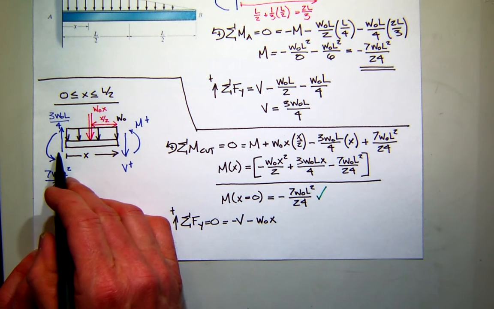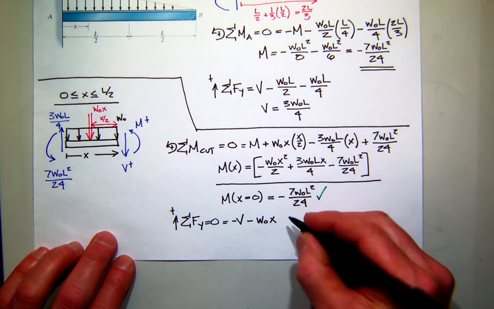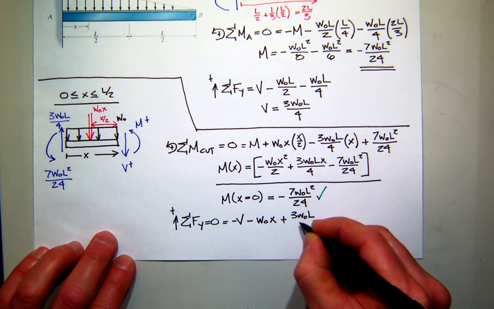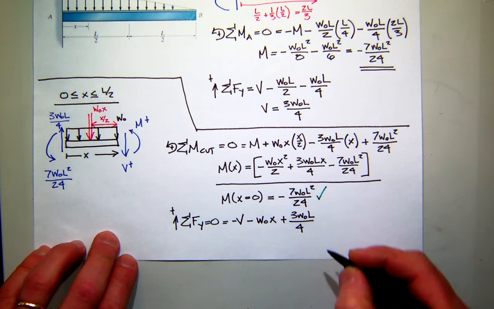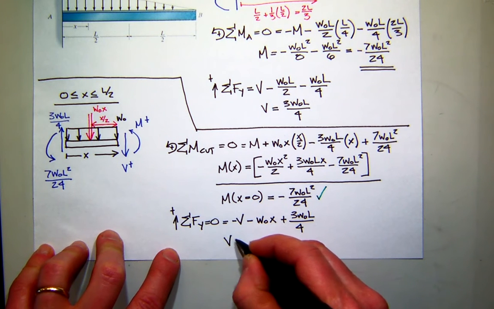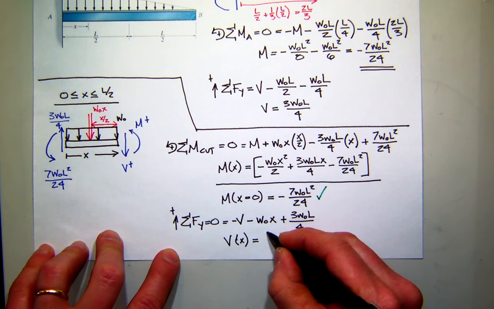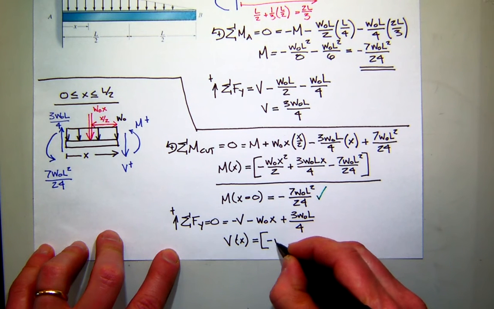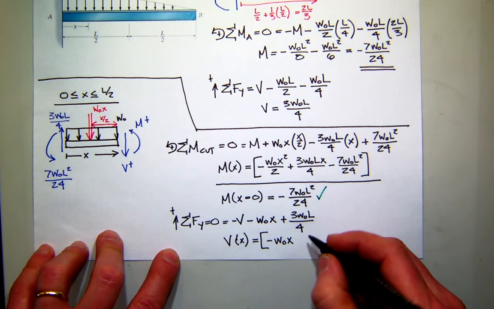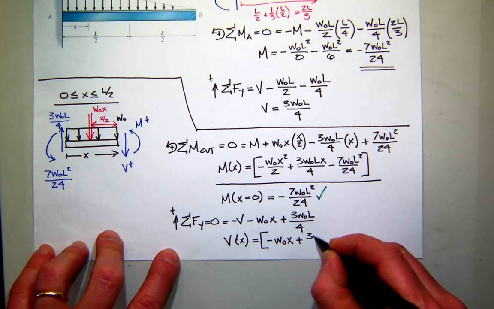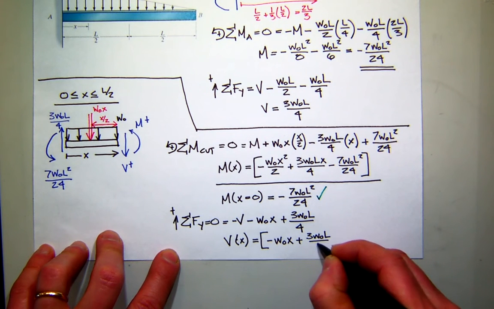And then our shear force on the left side, our reaction shear, is up, 3 W naught L over 4. So it looks like our shear, as a function of x, is going to be equal to minus W naught x plus 3 W naught L over 4.